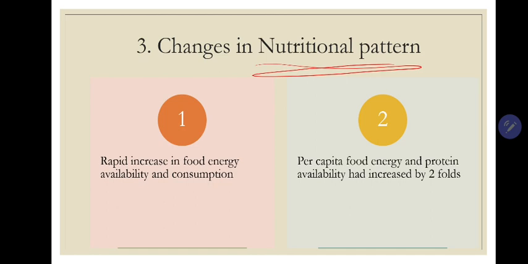These are rapid increase in food energy availability and consumption, where per capita food energy and protein availability had increased by two-folds. per capita تعنينا حصة الفرد الواحد. إذن السبب الثالث بالepidemiological shifting هو changes in nutritional pattern. أولا إنه there is rapid increase in food energy availability and consumption, where per capita food energy and protein availability has increased by two-folds.